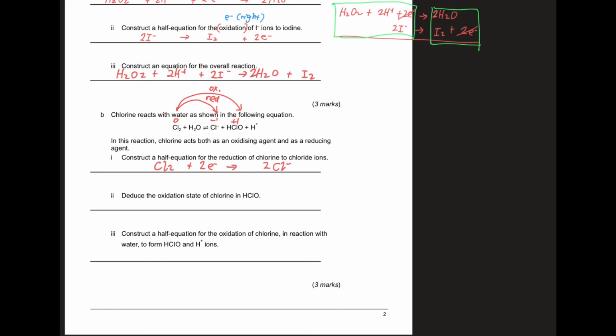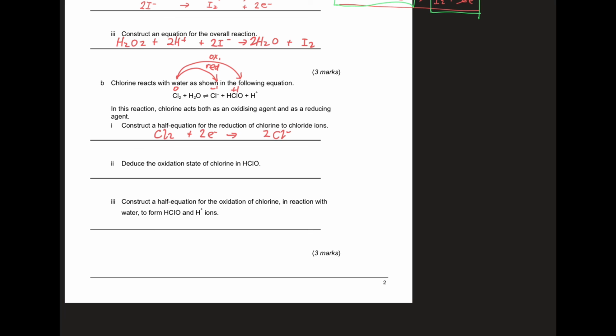Okay, now part 2, deduce the oxidation state of chlorine in HClO. Let's say I don't know, so I have to do the calculation in this way. HClO: you can do it like this. Positive 1, this one I don't know, X, this one negative 2.